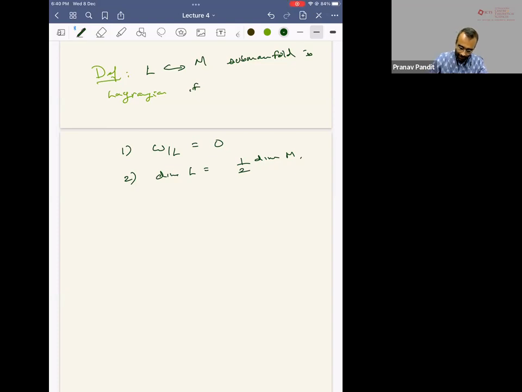So if (M, omega) is symplectic, then this gives rise to the Fukaya category of (M, omega), which is an A-infinity category.